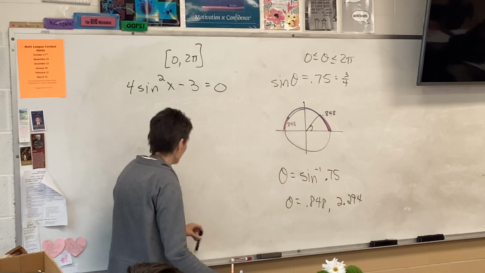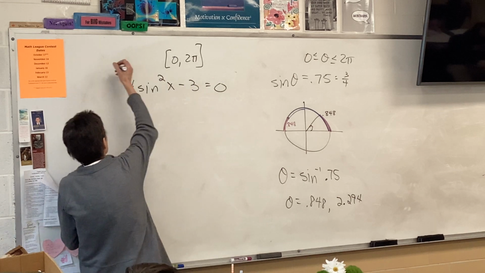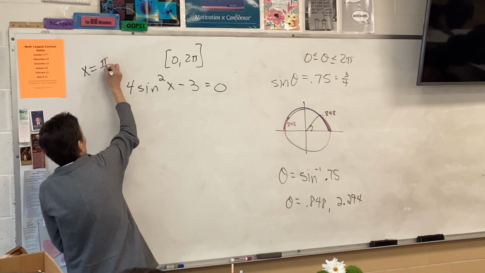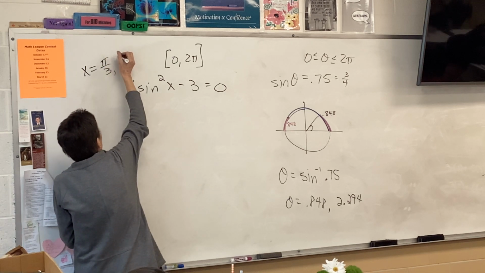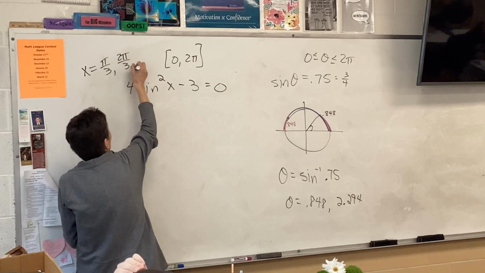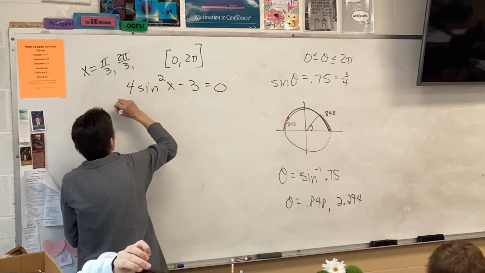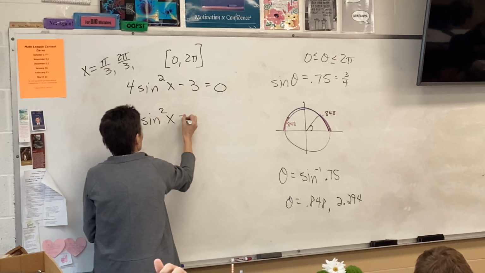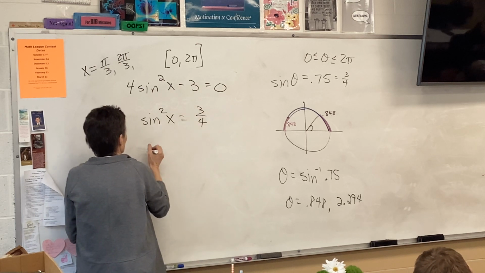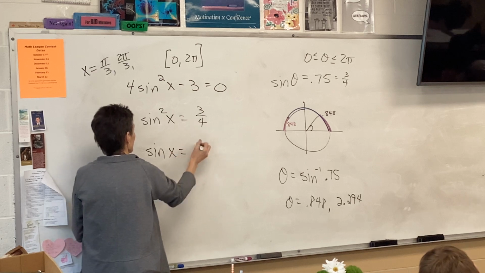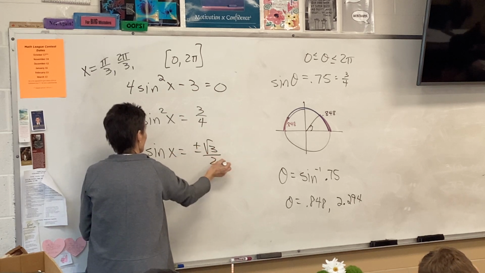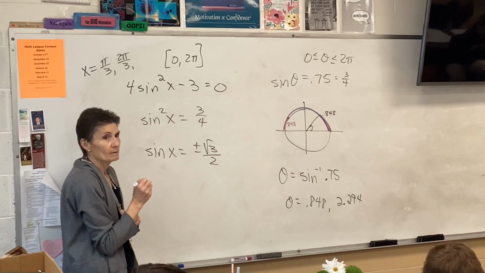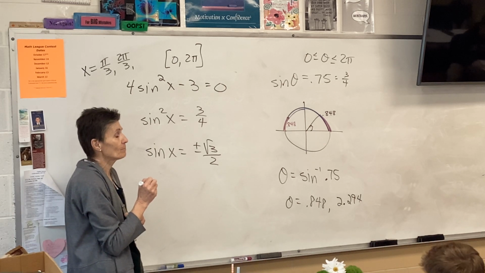All right, what did you do here? Let me just hear some answers first of all. What'd you come up with? X equals pi over 3? 2 pi over 3? When you square rooted, did you remember to do plus or minus? All the time.